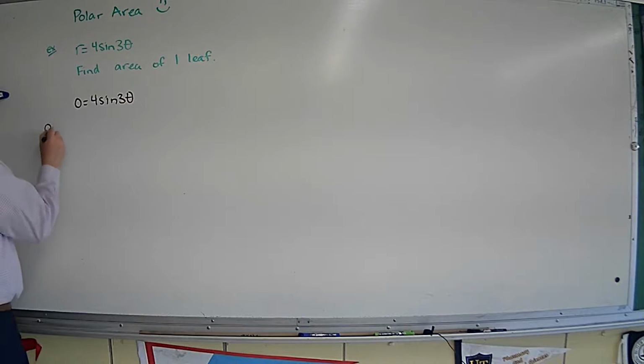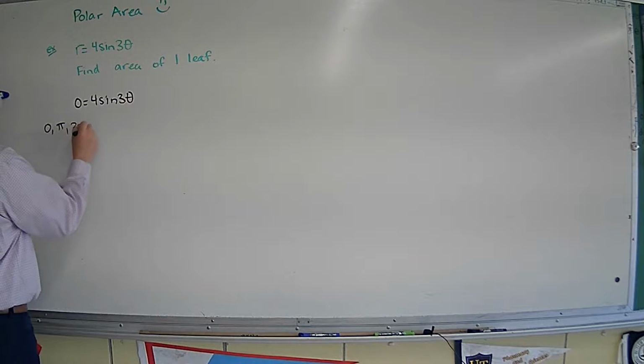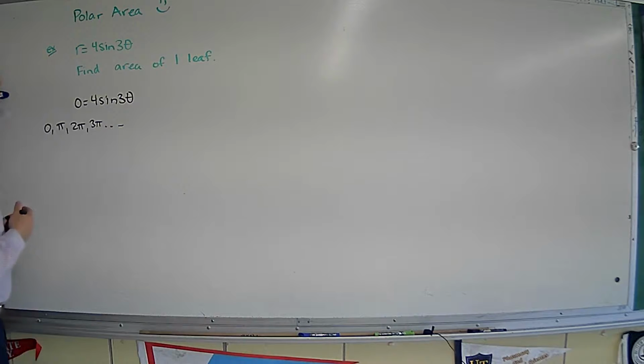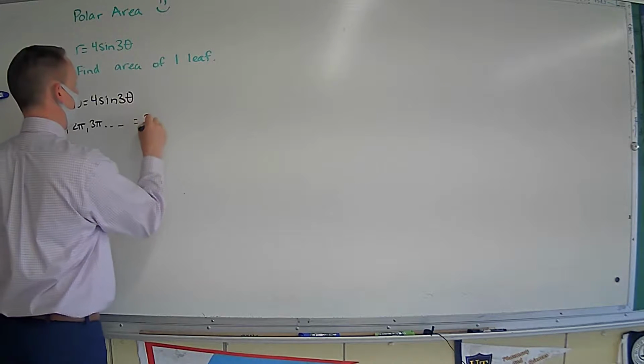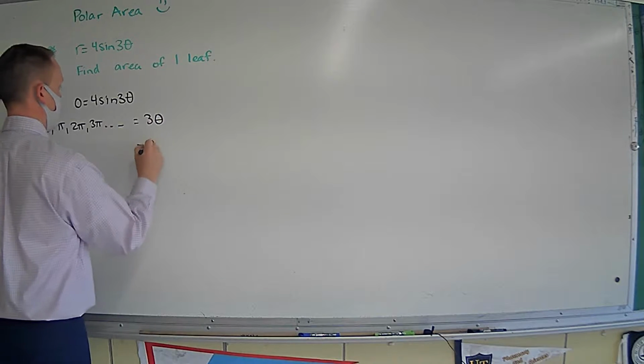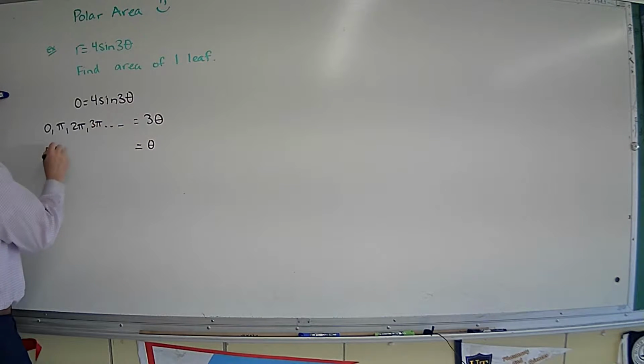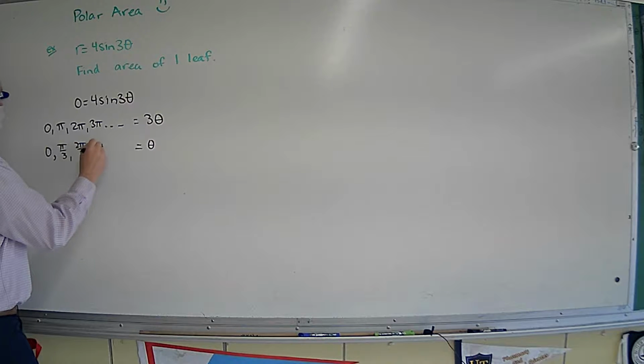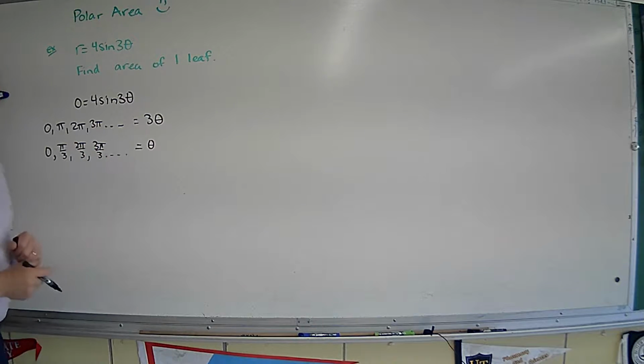Well, that's 0, pi, 2 pi, 3 pi, etc. So that has to equal 3 theta. So what's theta? Well, divide those all by 3: 0, pi over 3, 2 pi over 3, 3 pi over 3, etc.